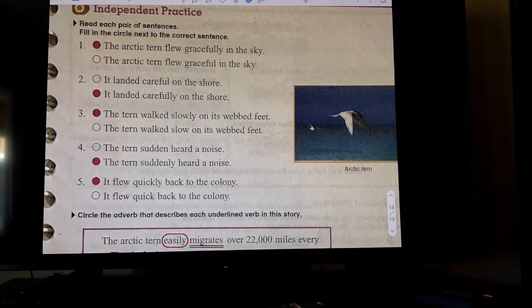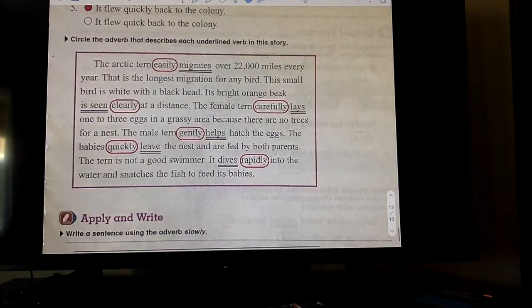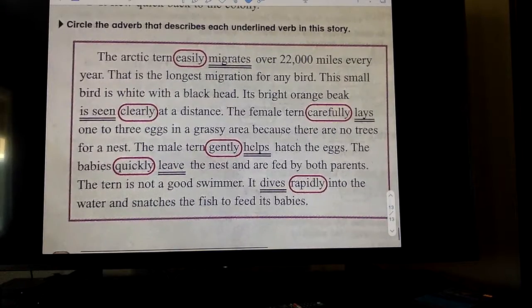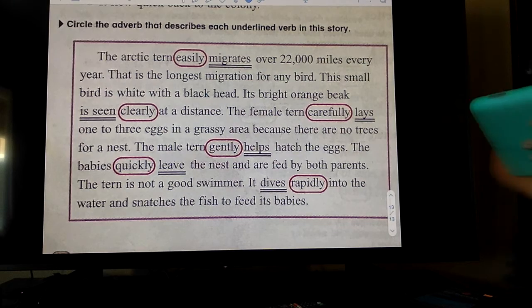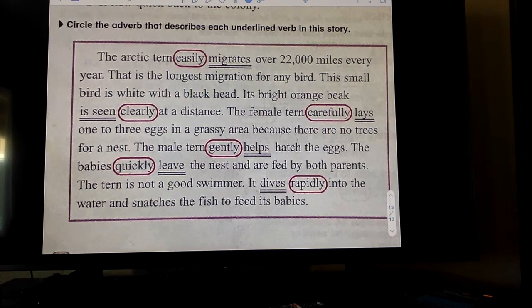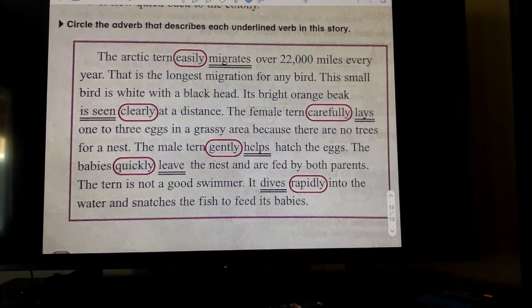All right, if you need more time, pause the video so you can check those. Now go to the paragraph. See if you circled all of these words. If you didn't circle these words, put a star or circle the whole section, and we'll go over this together when I give you our FaceTime call.